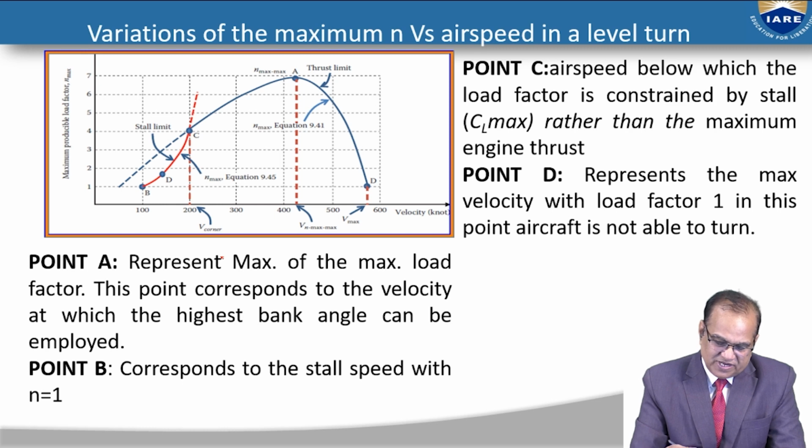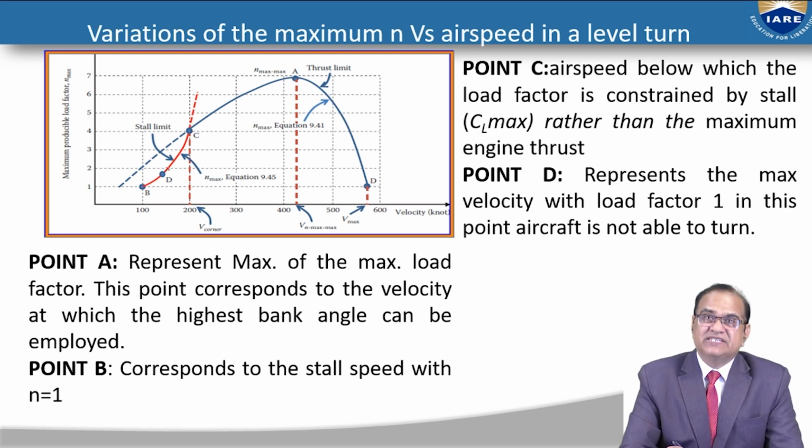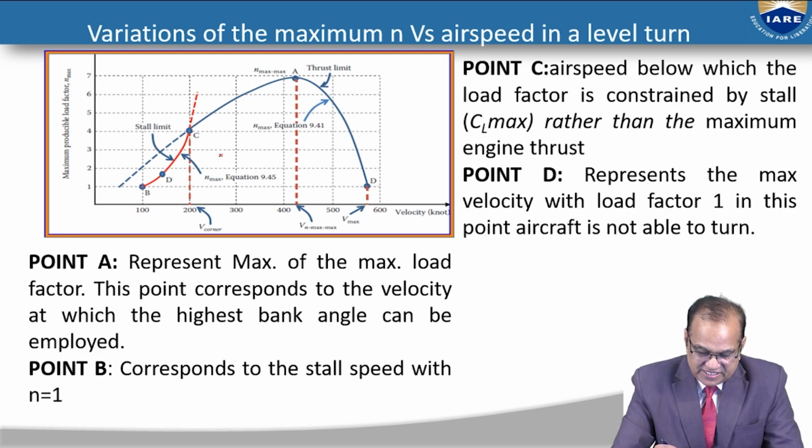If you see here, this red line is the stall line, and there are point A, point B, point C, point D. This is the line for the stall, and this is the n max, equation 9.45. Here it is n max max, the thrust limit.